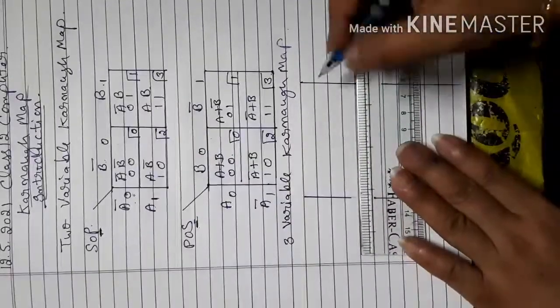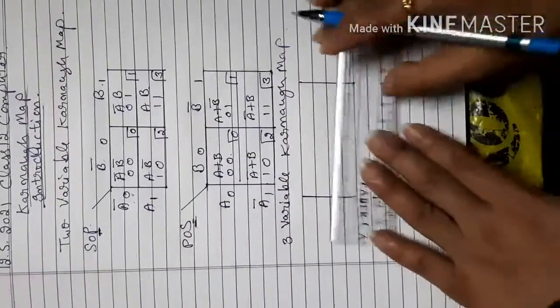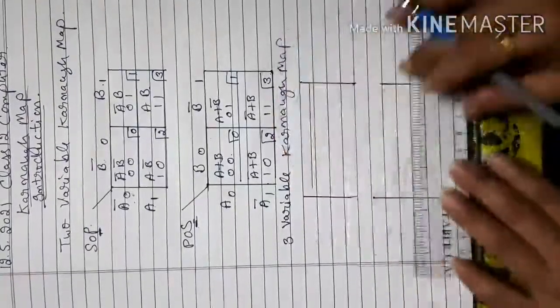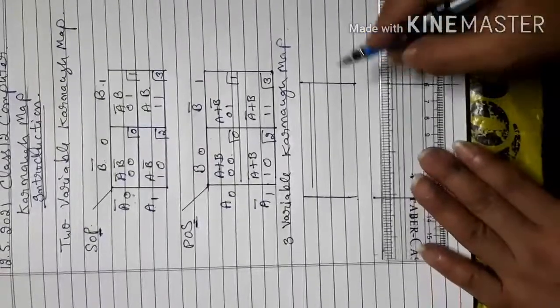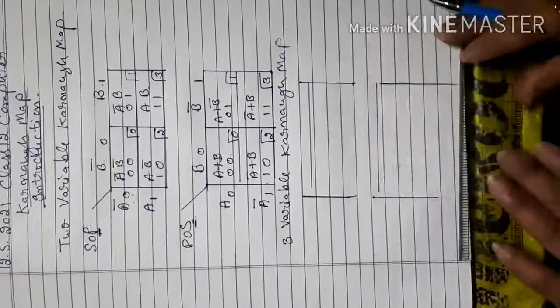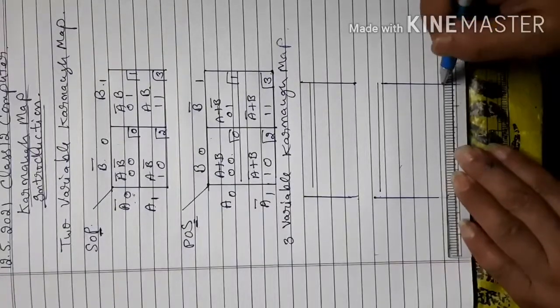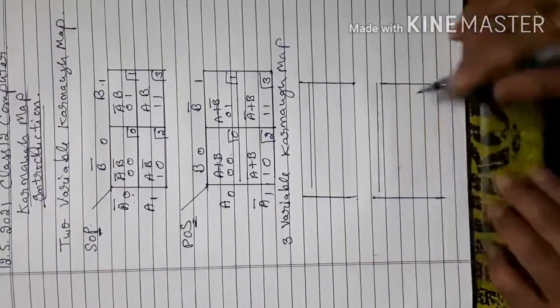When I draw this, there will be 4 columns. Better I write it here, it will be easier. So there will be 2 rows and 4 columns, because 2 variables are represented on the column.